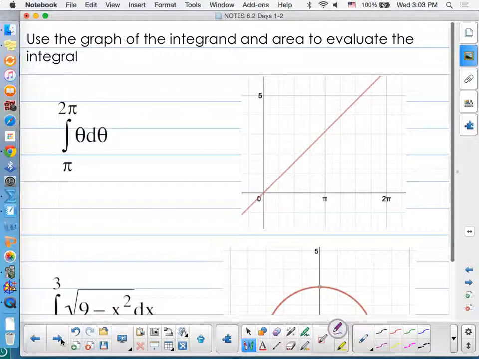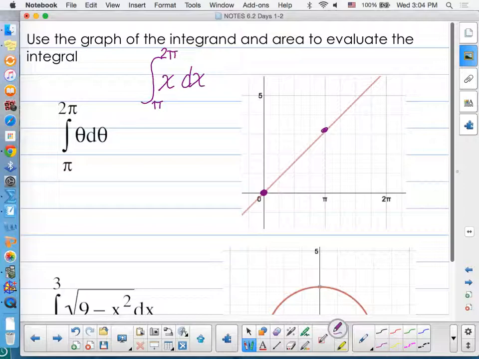Theta d theta would be the same as if we asked you x dx. Your function is y equals theta or y equals x. So the graph then is not a constant function, it goes 0, 0, 1, 1, 2, 2, 3, 3, pi, pi. So it runs at that 45-degree angle between the x-axis and the y-axis.